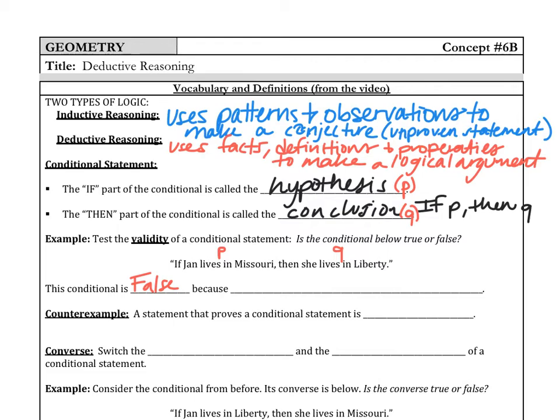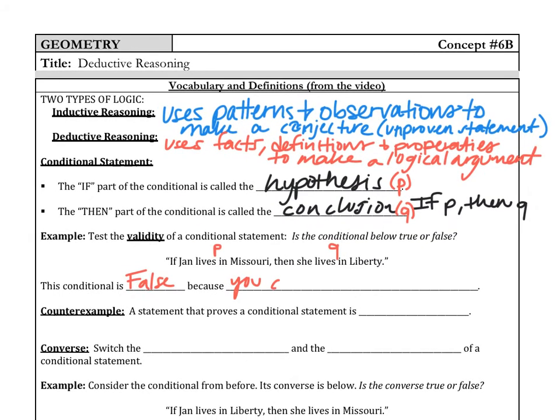False because you can live in other cities in Missouri, like, let's say, Gladstone.